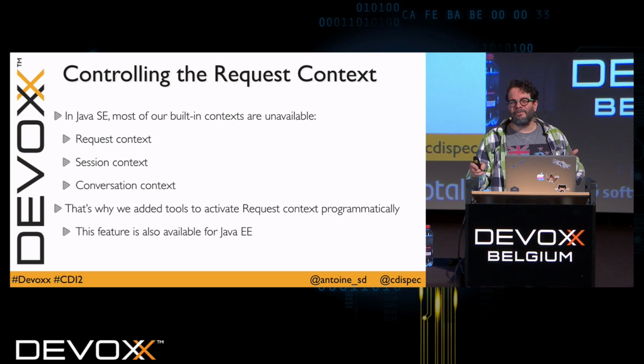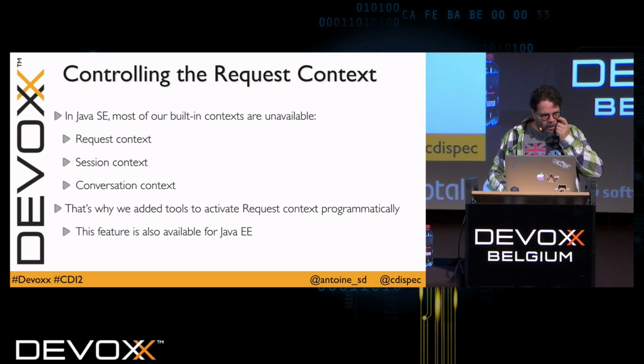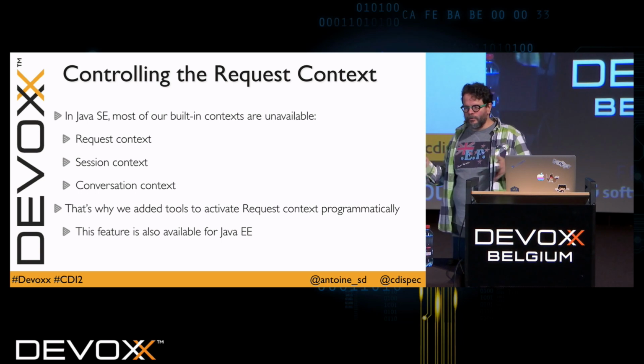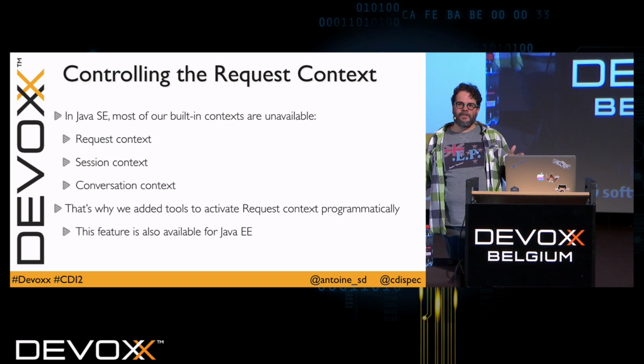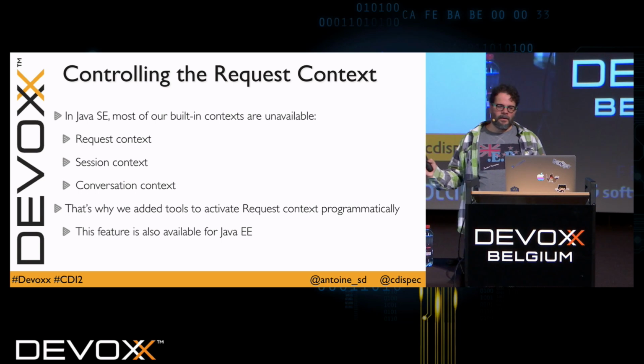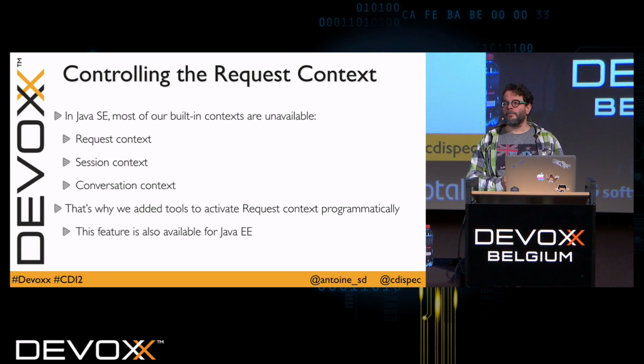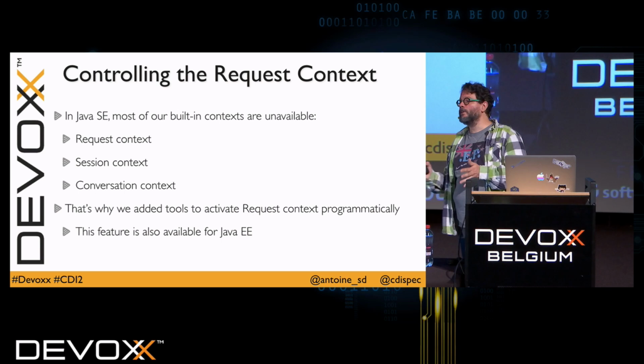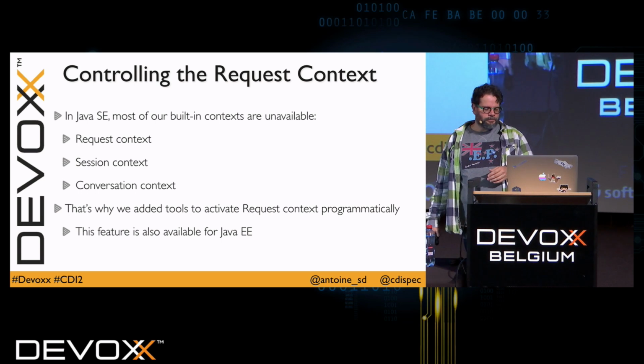Session context doesn't really have a meaning in Java SE. So regarding the context, application context is there. It's obvious. The life cycle of the application context will run from the bootstrapping of the container until it's shut down.